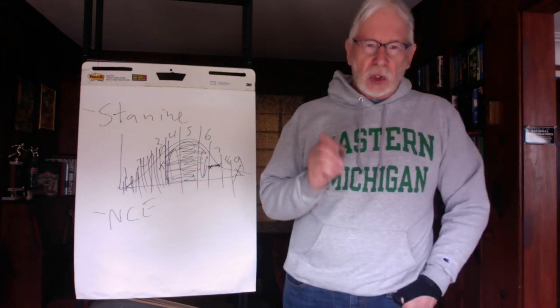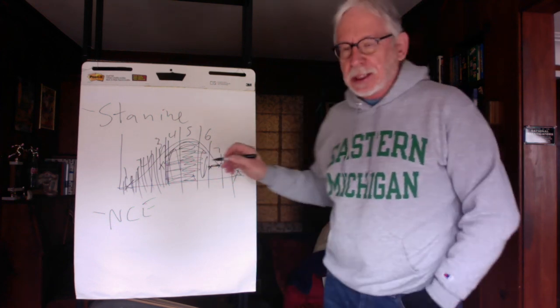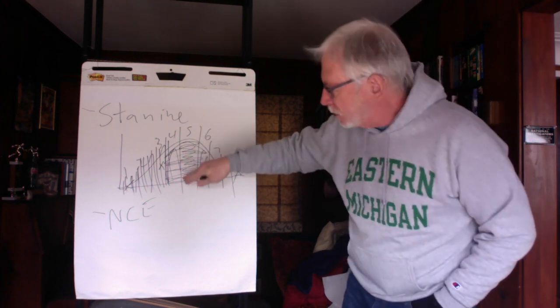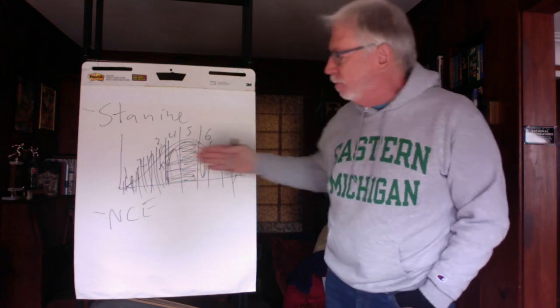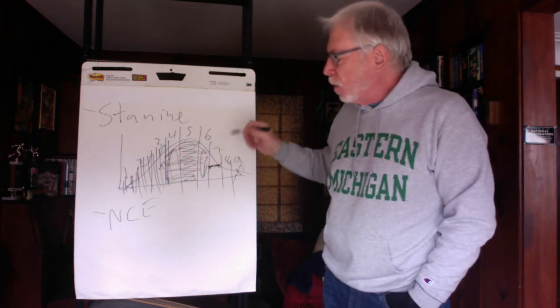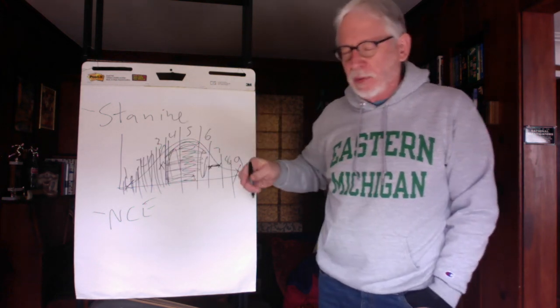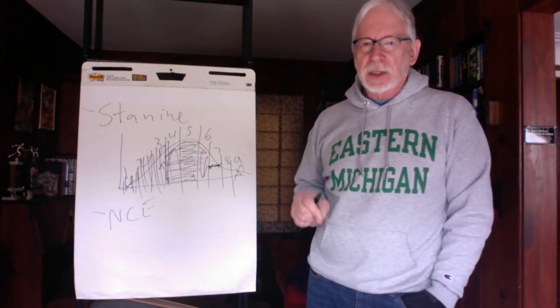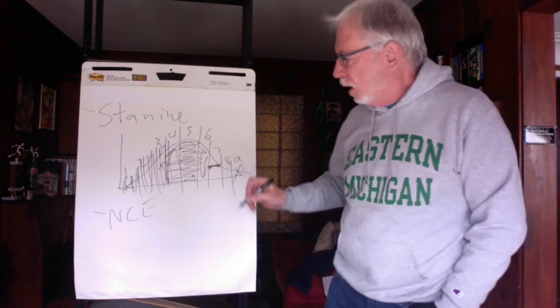Whereas normal curve equivalent slices up the curve, and the middle of the curve is higher than the extremes, so you have a different number of students at each possible NCE score.